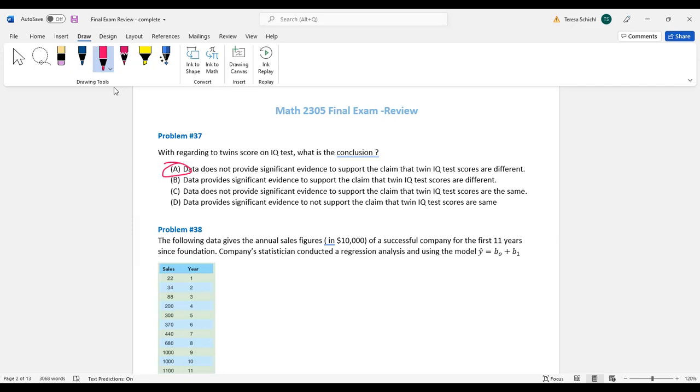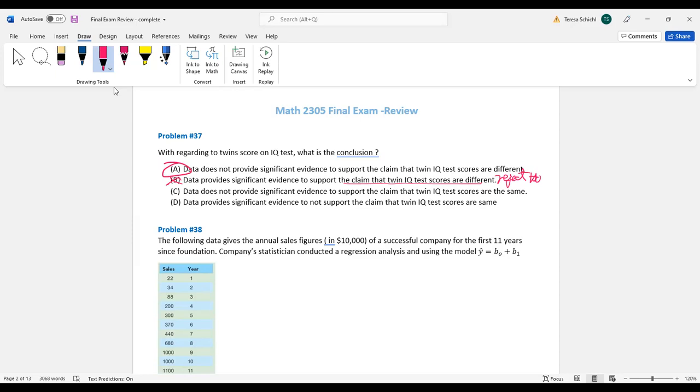Okay, so let's see what's wrong with B. It says data provide significance to support a claim that the twin IQ tests are different. If you support a claim, that means you reject H0. Remember, our p-value is not small, so we don't reject. So this is not true. Next, data does not provide significant evidence to support the claim that IQ tests are the same.